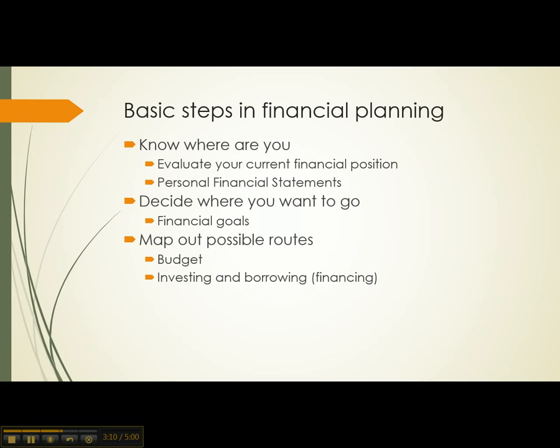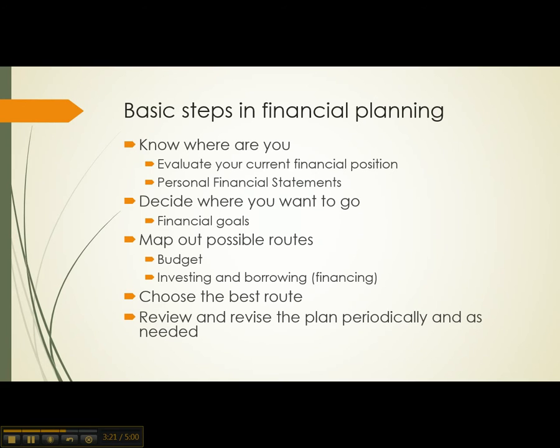After you have looked at different possible options, we choose the best one, and that is a combination of your personal preference and also what is available. Finally, very, very important, life always changes, and there are things that happen that are unexpected. Therefore, it's very important that you review and revise your plan on a regular basis.